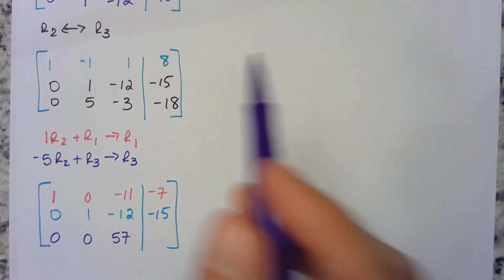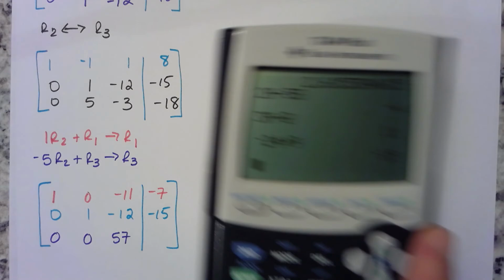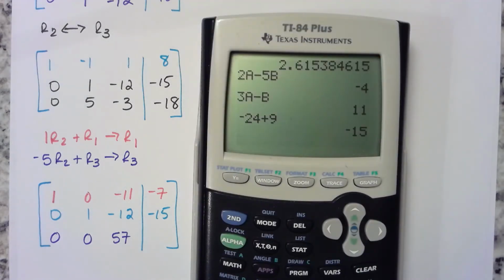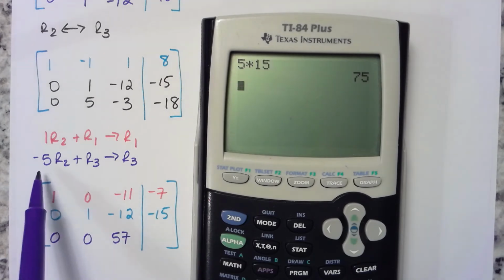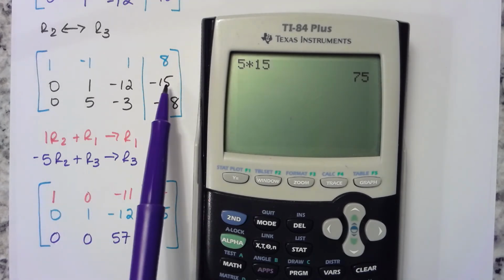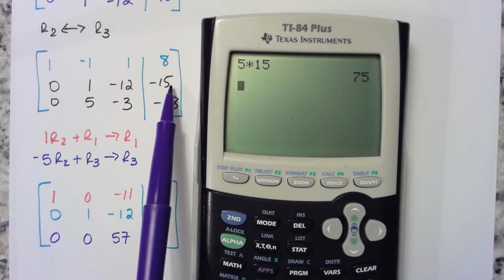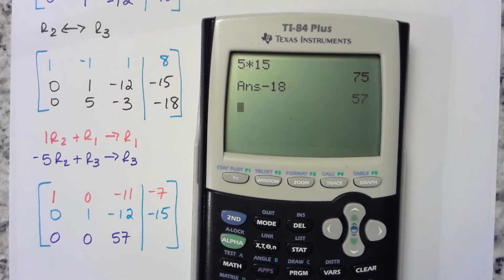Then we have negative 5 times negative 15 is 75. I lost my place. Negative 5 times row 2. So negative 5 times negative 15, that's going to be a positive 75, minus 18 is 57.